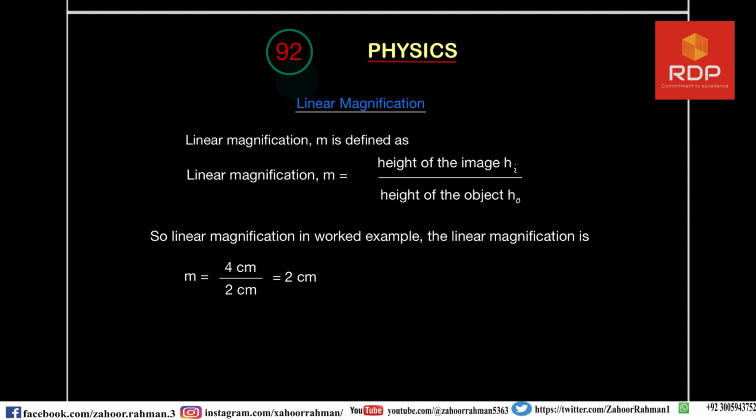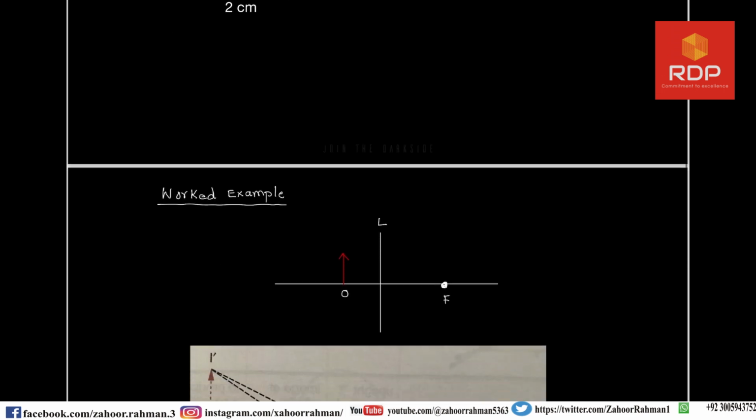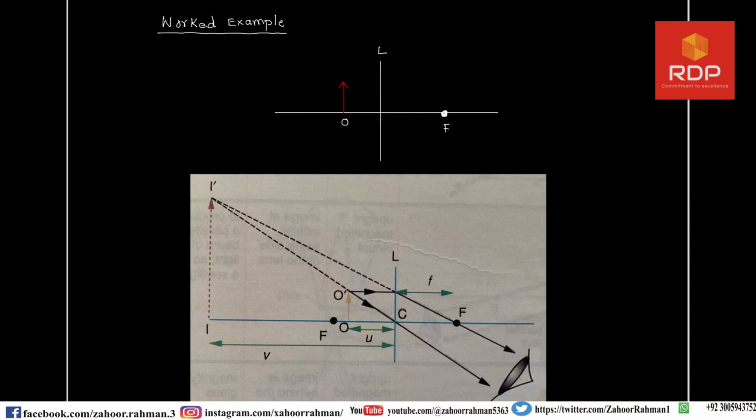Now let us do the full-fledged new example. It is saying that the figure shows a small object of height 1.0 centimeter placed 1.5 centimeter away from a thin converging lens, which is denoted by L, as you can see, of focal length 2.0 centimeter.